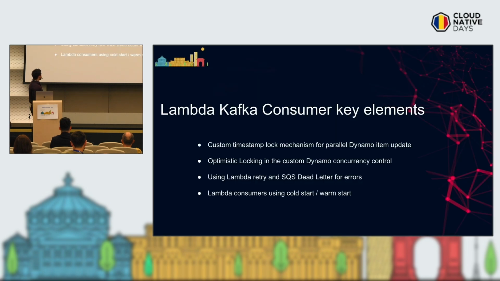For the consumer, we have the custom timestamp log. This resolved that problem which I was telling you about: notifying the same person twice or more times. We used that timestamp to know what user was already notified and to just go to the other one, and so on.